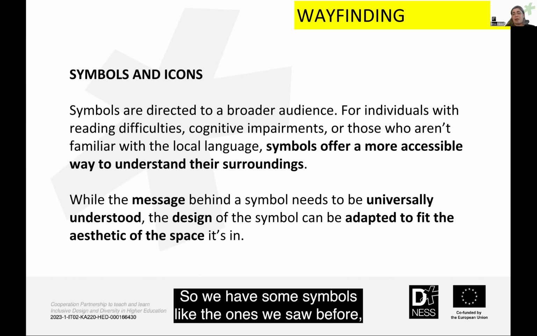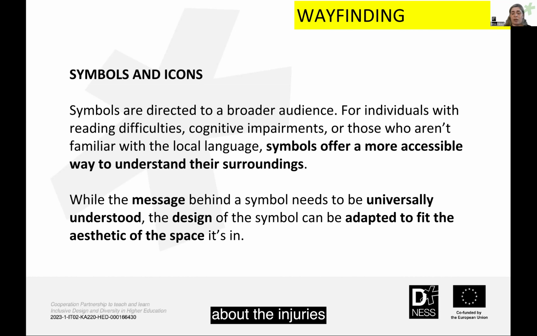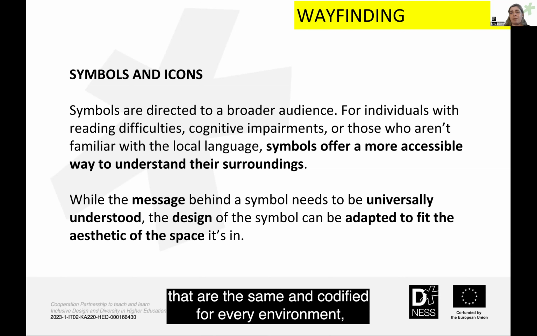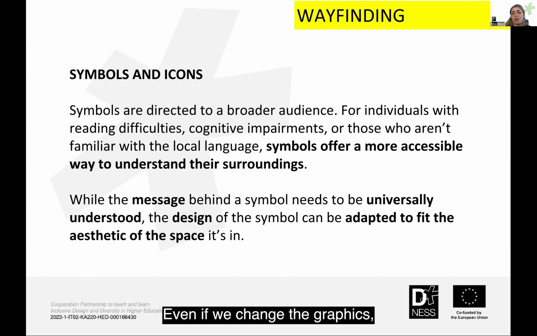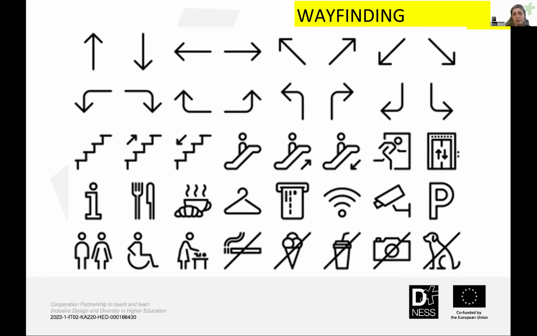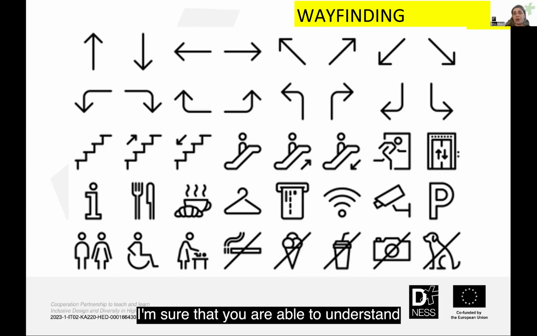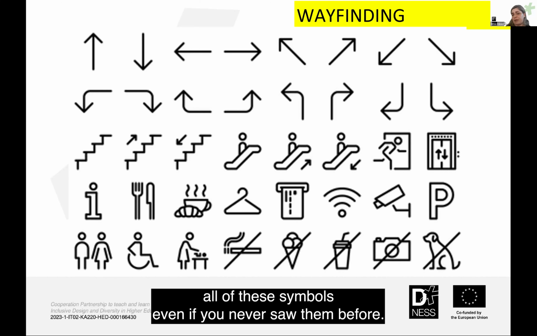So we have some symbols, like the one we saw before about dangers, that are the same and are codified for every environment. But there are other ones that can be universally understood even if we change the graphics. For example, I'm sure that you are able to understand all of these symbols even if you never saw them before.